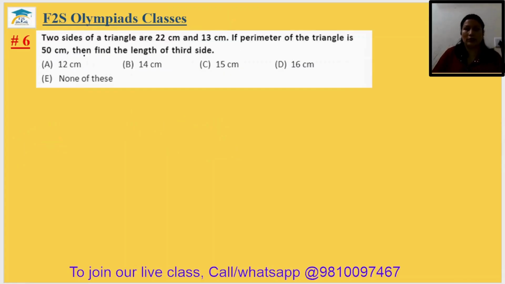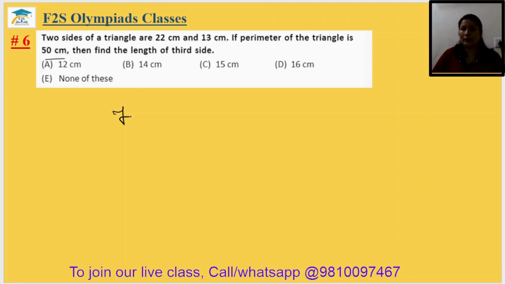Come to question number 6. Two sides of a triangle are 22 centimeter and 13 centimeter. If the perimeter of the triangle is 50 centimeter, then find the length of the third side. So we know that the perimeter of the triangle is the sum of the three sides of the triangle.